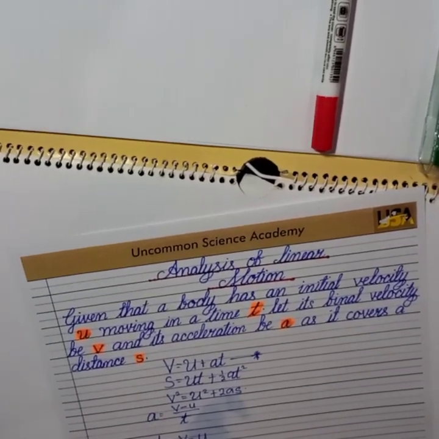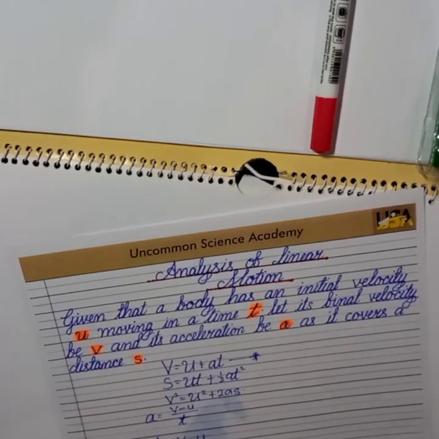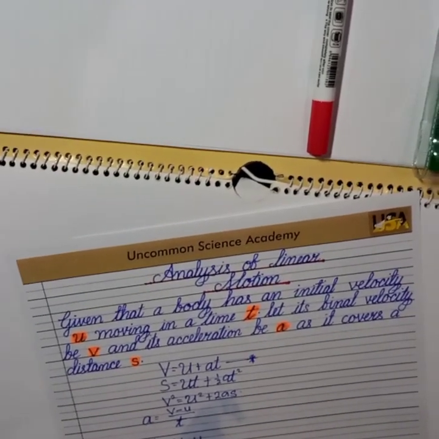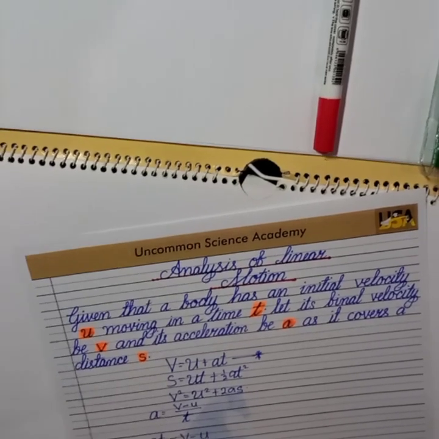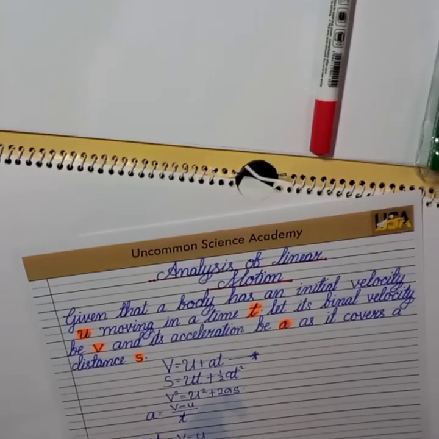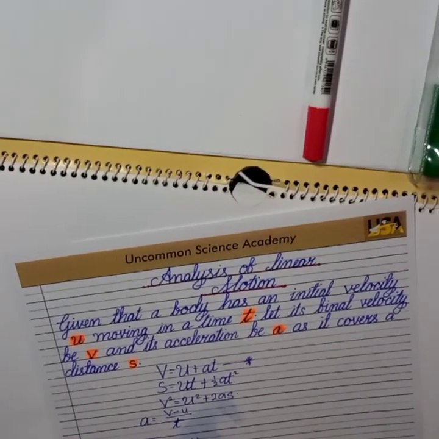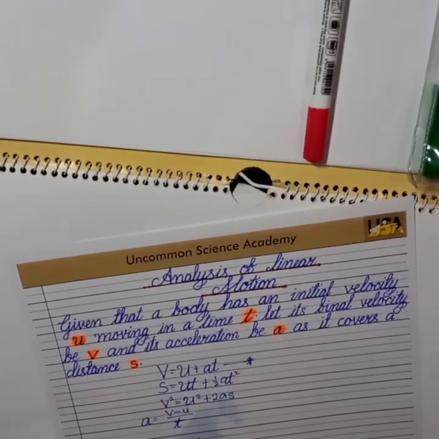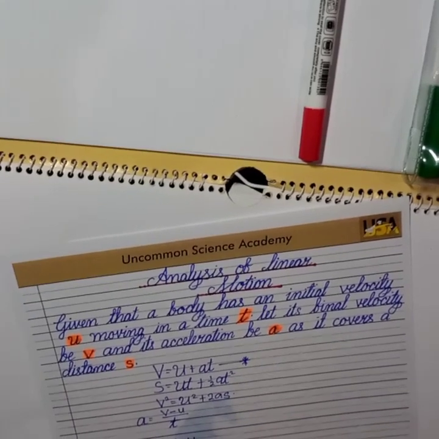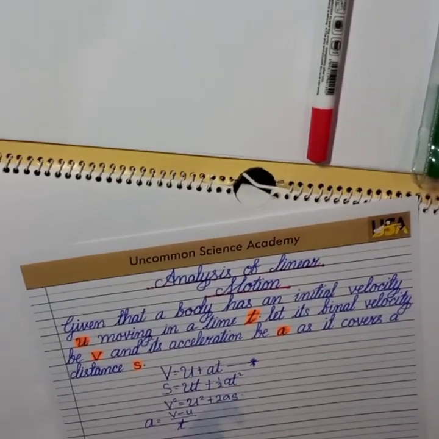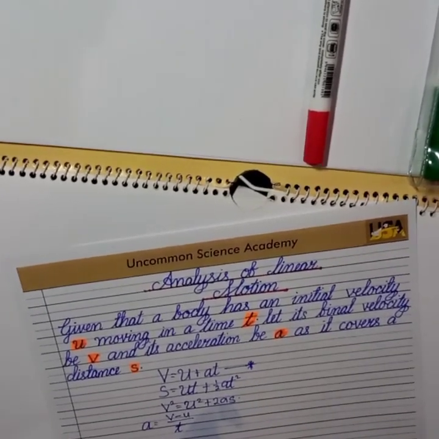So if we have this, from this equation here, we can replace the V in this particular equation with u plus AT. So S becomes u plus AT plus u times t, all divided by 2.